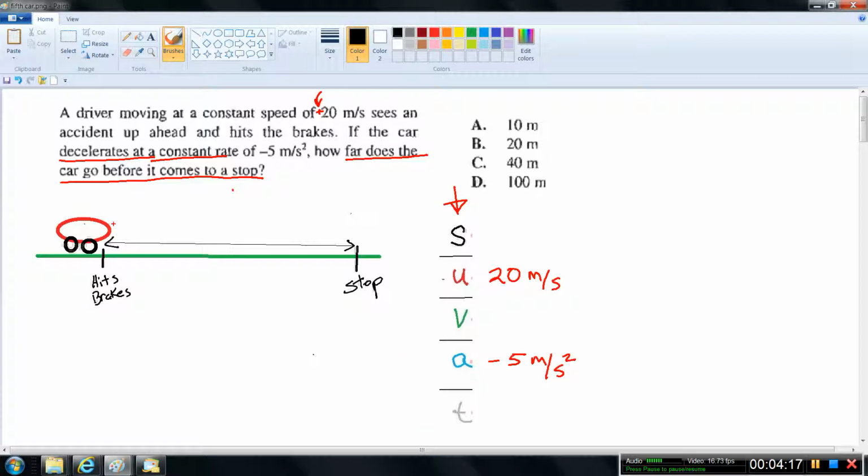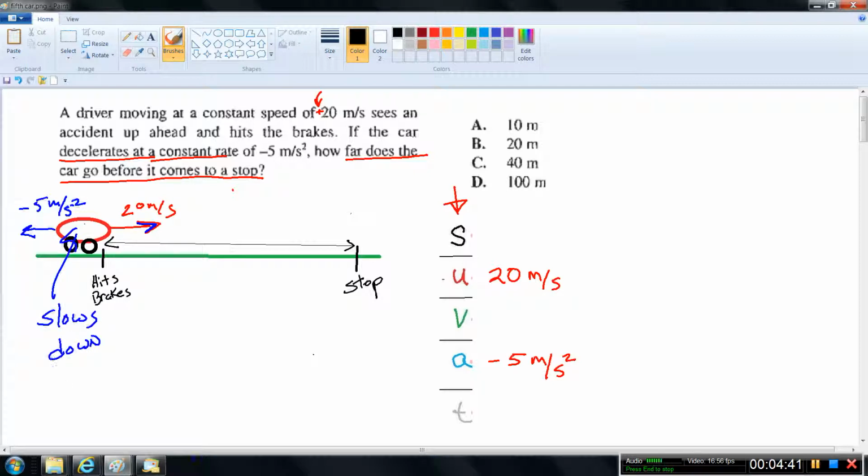So that makes sense. We've got an object that's going to the right with 20 meters per second, and we've got an acceleration that's going in the opposite direction of -5 meters per second squared. So when acceleration and velocity are in opposite directions, then that object necessarily slows down.